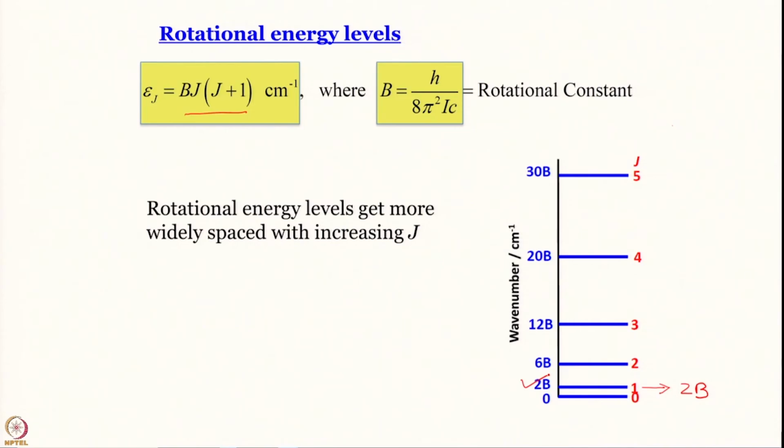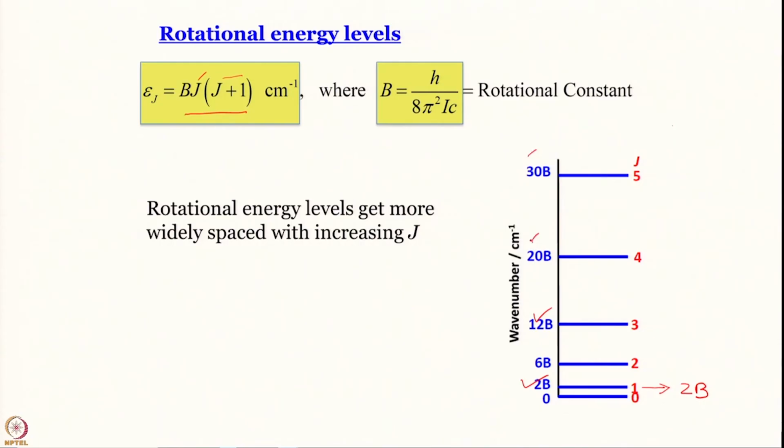You can work that out, J equal to 3, J plus 1 equal to 4. So, sorry, why did I go to J equal to 3? Well, it is okay, 12B. I missed J equal to 2 here for some reason. Okay. So, you can work out the energies and the values are all written here.